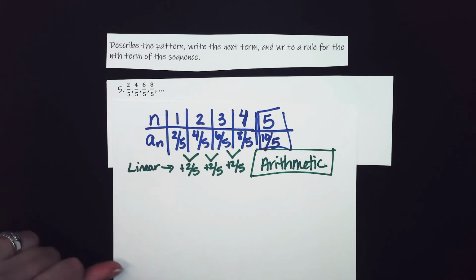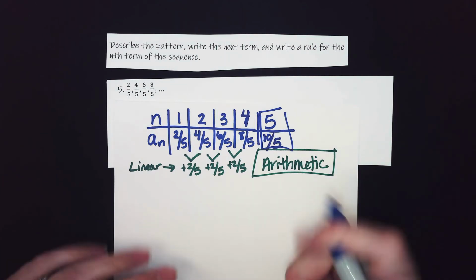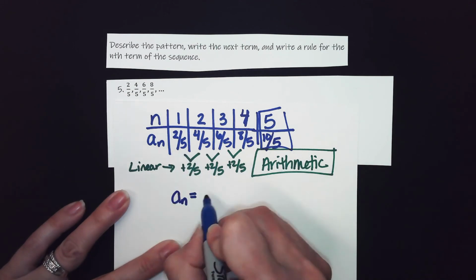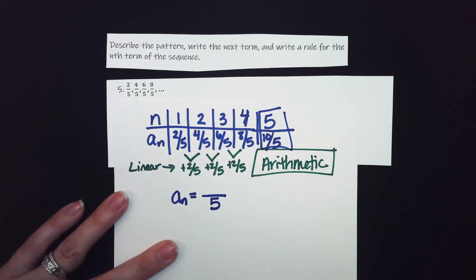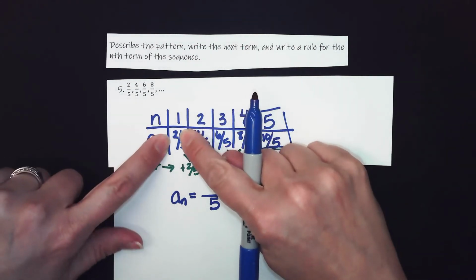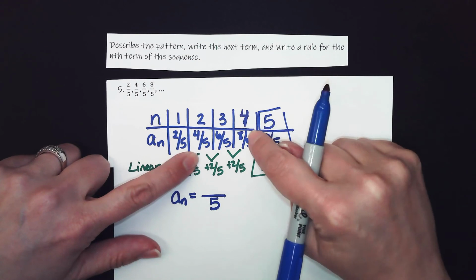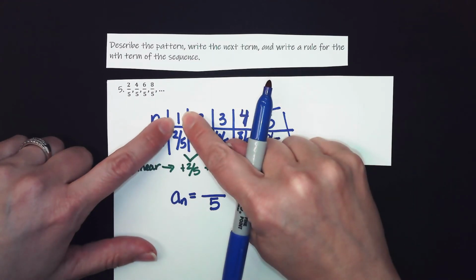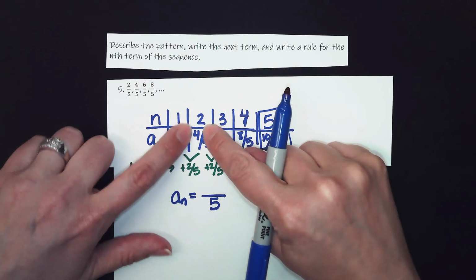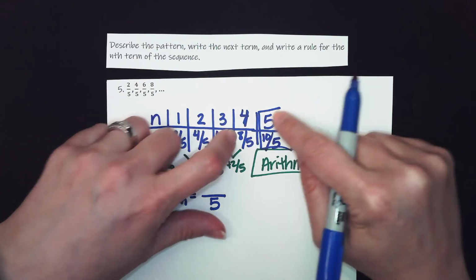All right. So we need to write our rule. Well, let's see. I'm going to have an equals, well, all of them have 5 on the bottom. So I know I have to have 5 on the bottom in my rule. Okay. So let's see, how did 1 become 2? How did n become 2, 4, 6, 8? It looks to me like if I take whatever value n is and times it by 2, I get that top number. 3 times 2 is 6, 4 times 2 is 8, 5 times 2 is 10.